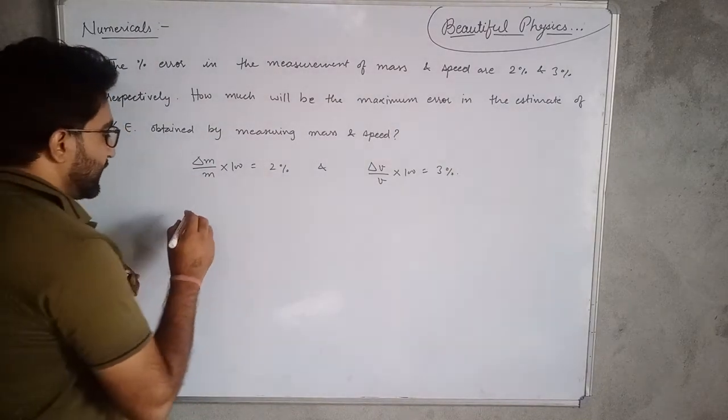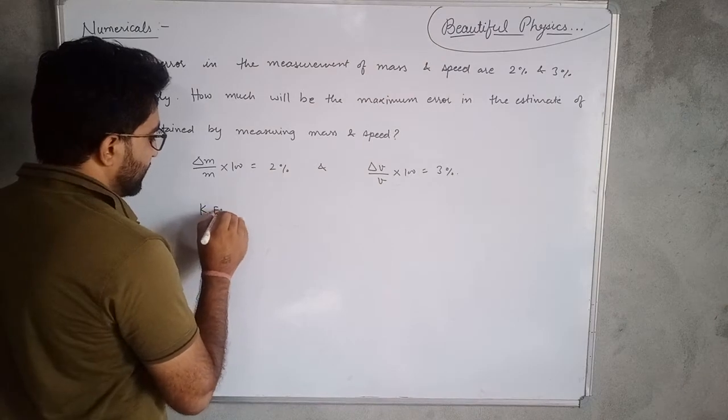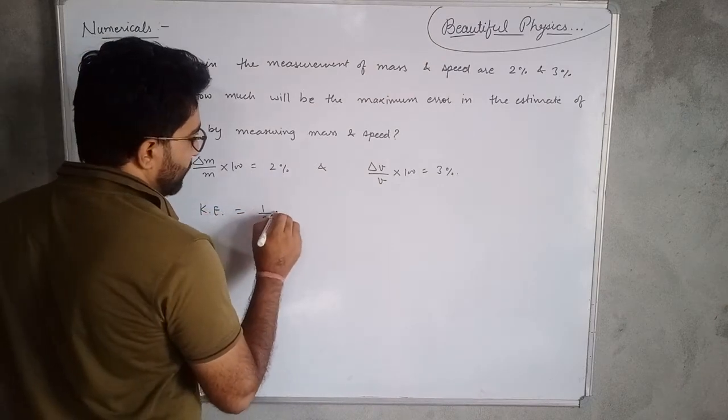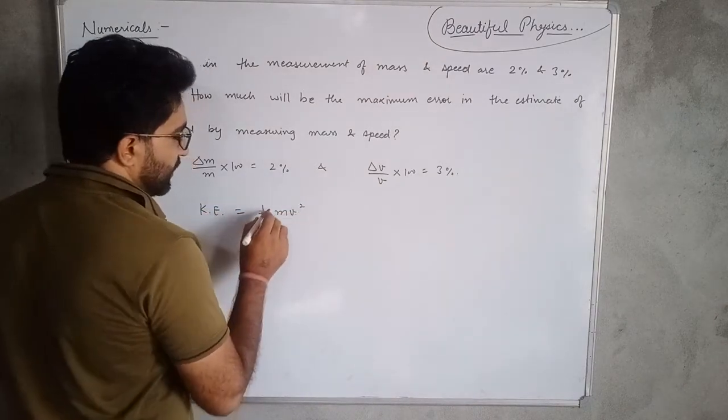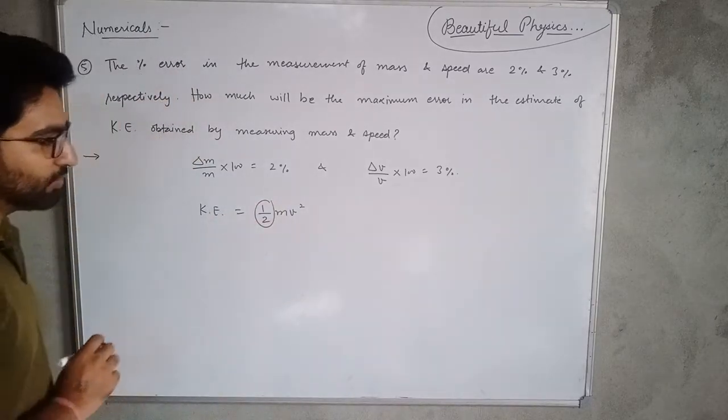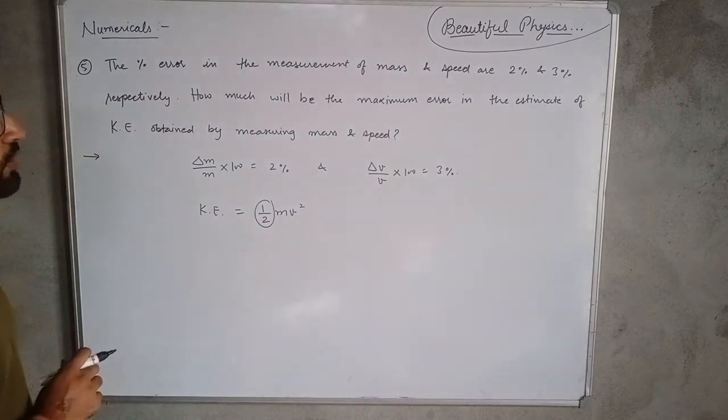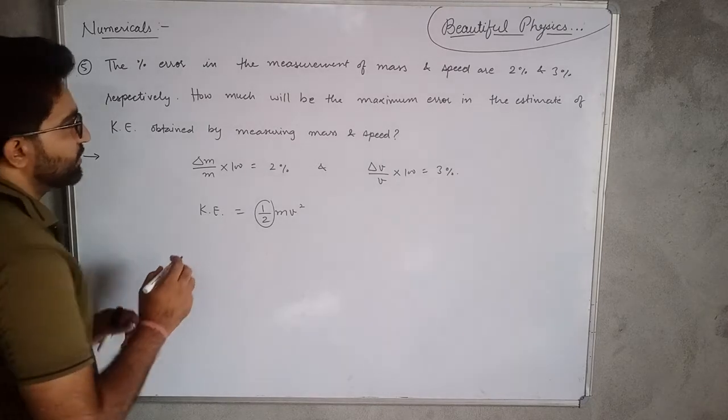As we know, the kinetic energy is equal to half m v square. Here 1 by 2 is again a constant quantity and we have to find out the maximum error. Okay, maximum percentage error.